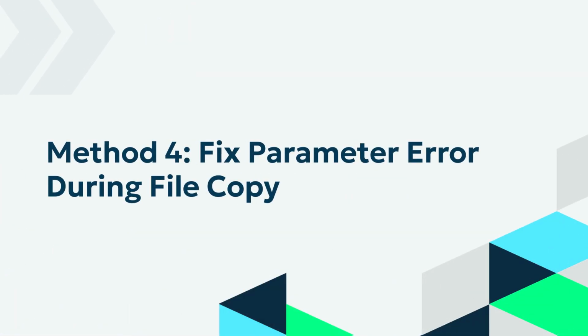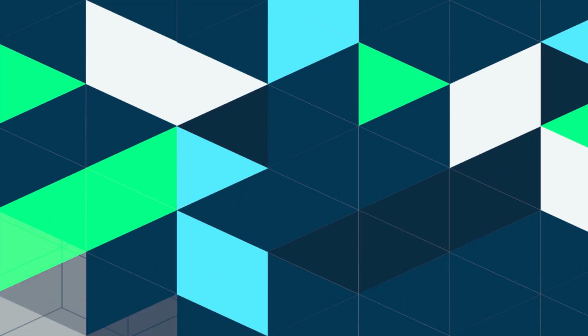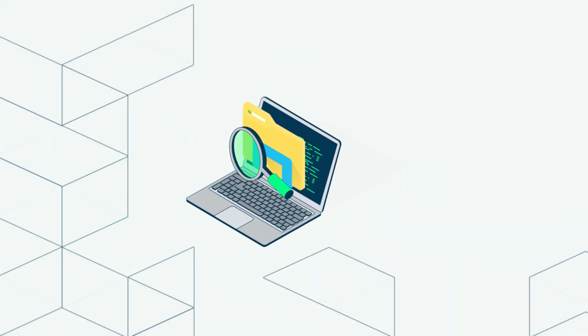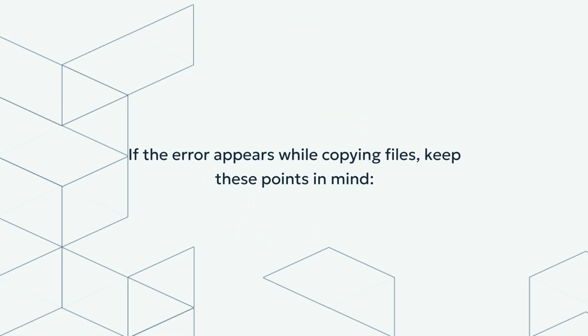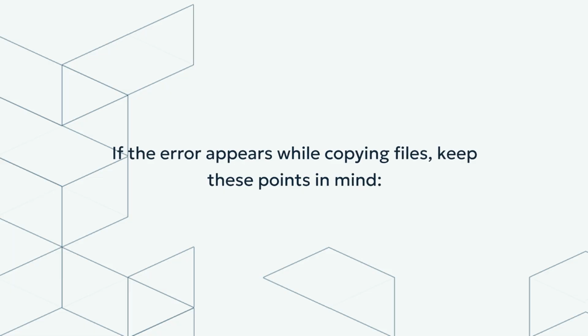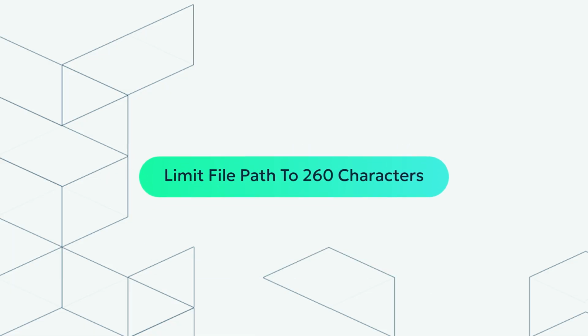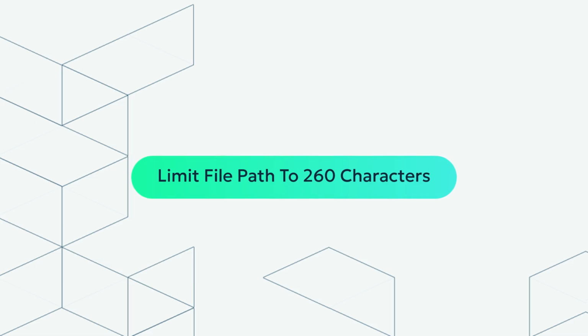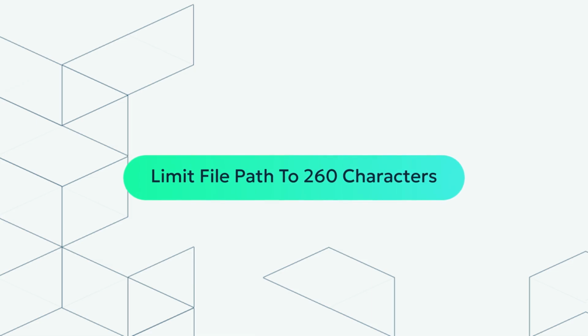Method 4. Fix parameter error during file copy. This step helps fix errors caused by long file names or paths that Windows Explorer can't handle. If the error appears while copying files, keep these points in mind. Keep the file path under 260 characters and avoid using special characters in names.